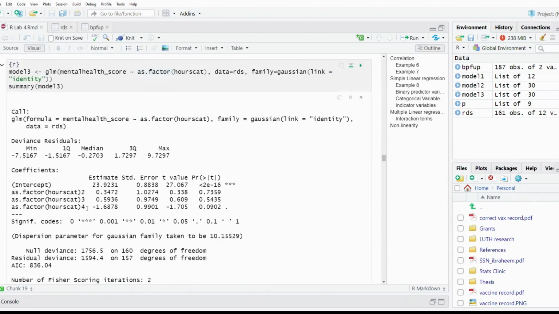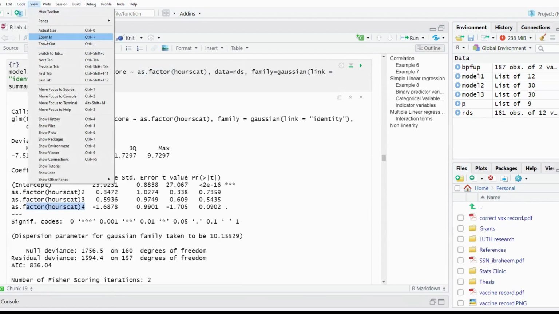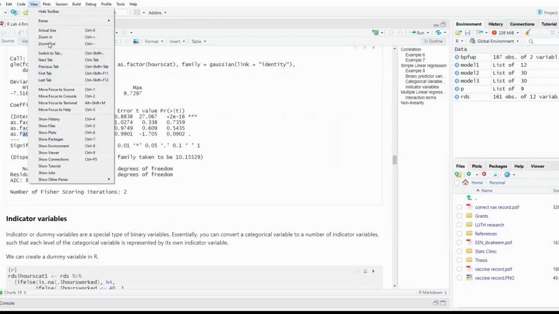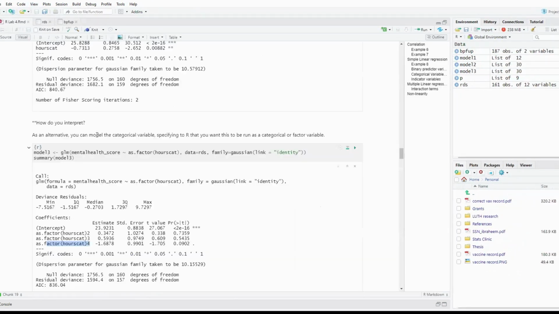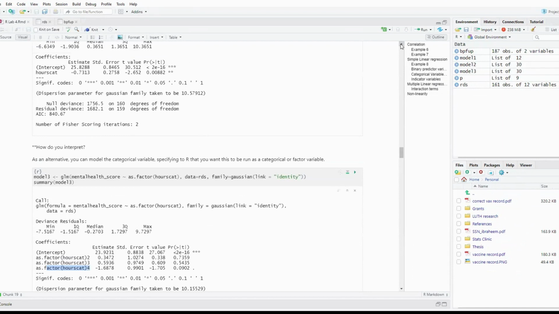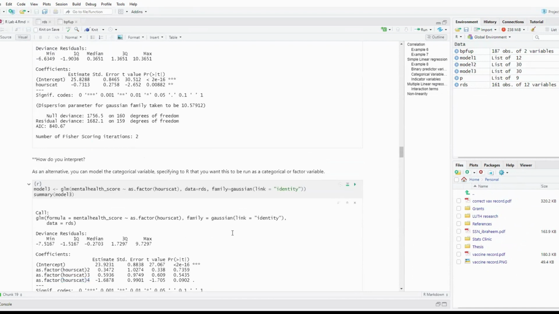What's the difference between this estimate, this regression, and the first one? Let me zoom out so you can see both at the same time. It's small now, but if you move closer to your screen, this is the one that we did first, and this is the one that we are doing now.